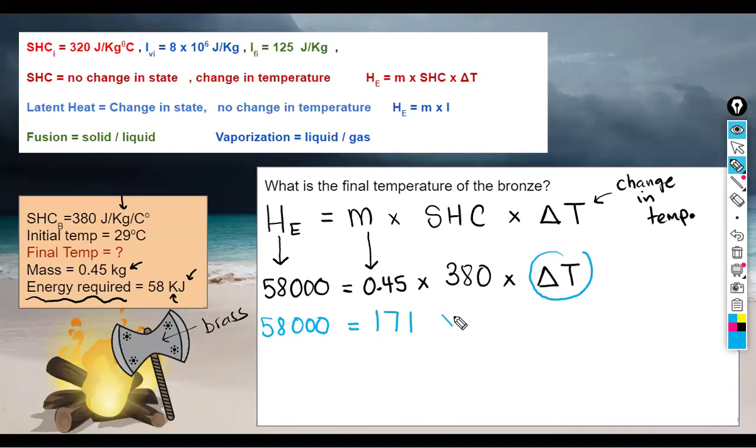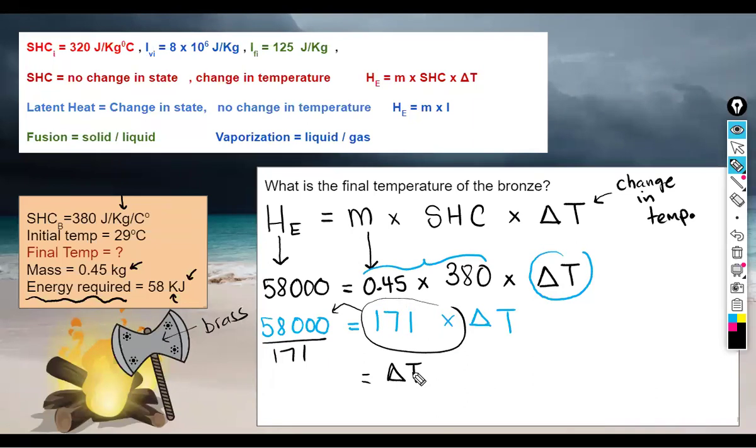I'm getting 171, and then you multiply by the change in temperature. Like when you combine these two, you get the 171. So take the multiply, throw it across, you get your divide. So let's divide it, and that will give us our change in temperature.